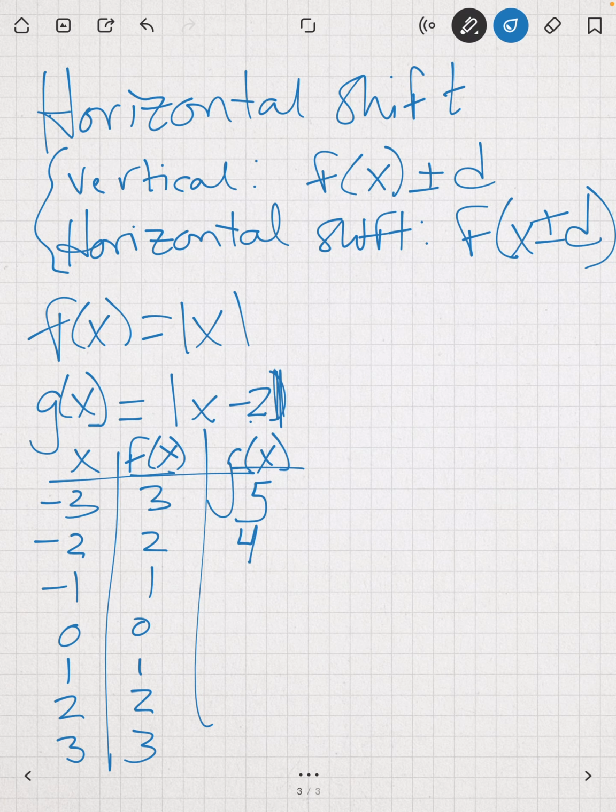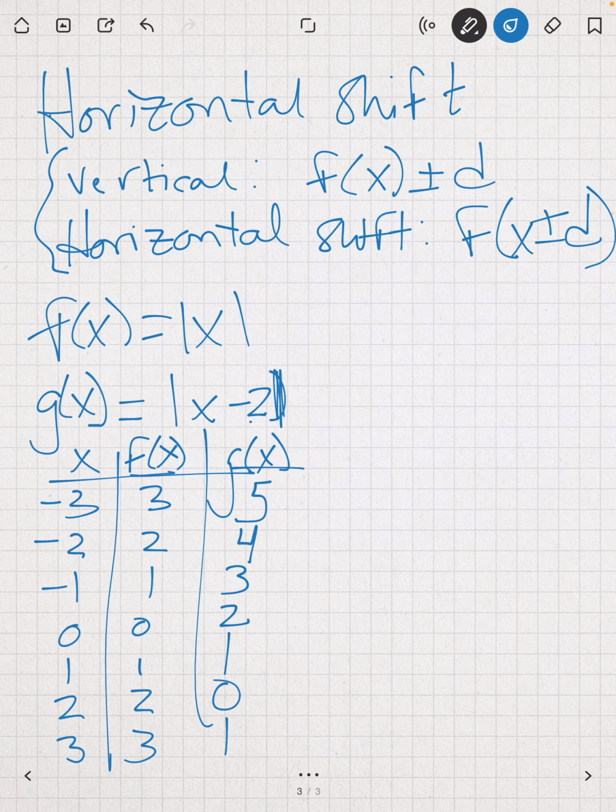-1 minus 2 is -3, so absolute value is 3. 0 minus 2 is -2, absolute value is 2. 1 minus 2 is -1, absolute value is 1. 2 minus 2 is 0, absolute value is 0. 3 minus 2 is 1, absolute value is 1.